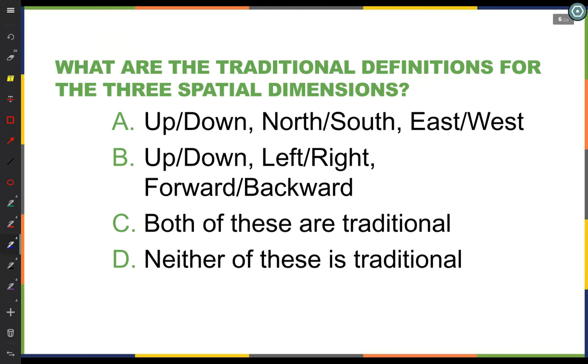Okay, another follow-up clicker question, which of course Gila just answered. What are the traditional definitions for the three spatial dimensions? Your options are A or B or C or D. I know that sounds really ridiculous. What I meant to say is C is both A and B. So don't try to answer multiple answers.